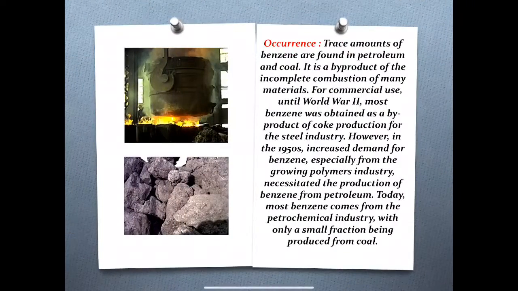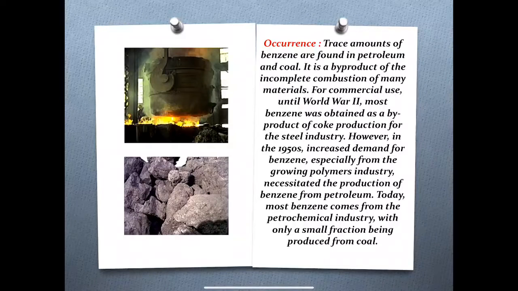The occurrence of benzene. Trace amounts of benzene are found in petroleum and coal. It is a byproduct of the incomplete combustion of many materials. For commercial use, until the Second World War, benzene was obtained as a byproduct of coke production for the steel industry.